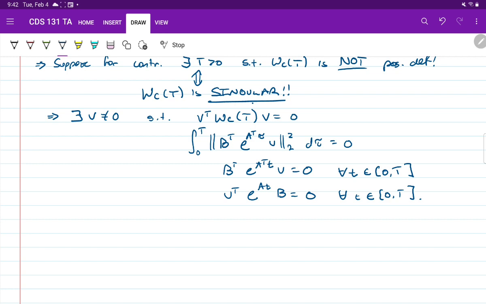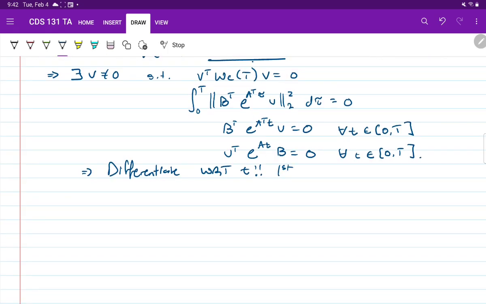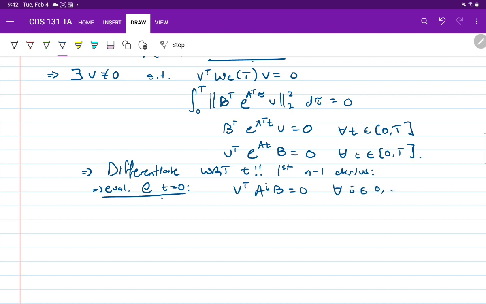All right? So if this is true, what we could do is differentiate with respect to t, okay? And as a consequence of taking the first n minus 1 derivatives, what we'll find is that if we evaluate at time t equals 0, we end up with the condition v transpose times A to the i times B equals 0 for all i from 0 up until n minus 1.